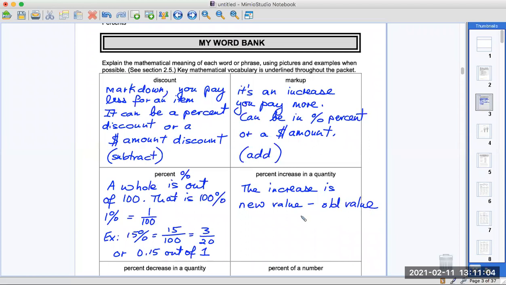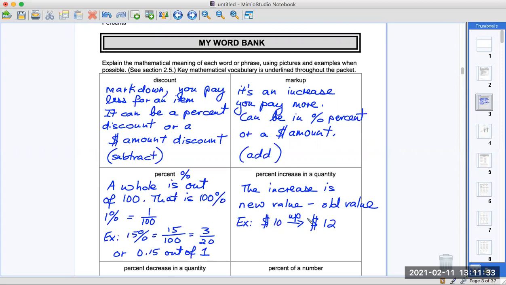For example, if something was $10 originally, and all of a sudden it goes up to $12.